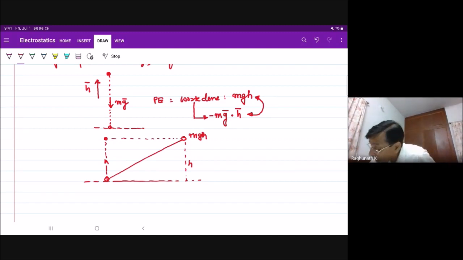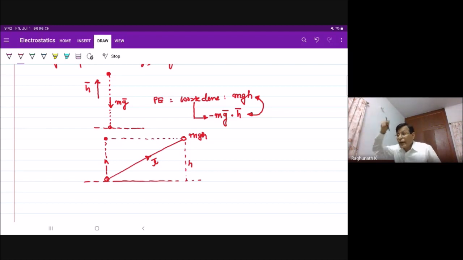But this is L bar. Definitely, the length of the path along which it is taken is not h. But because ultimately it is taken to a height h, its potential is mgh.